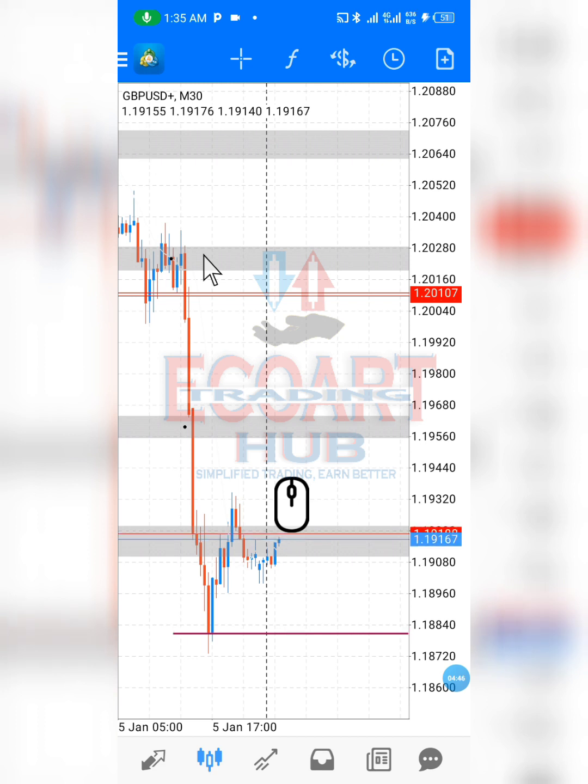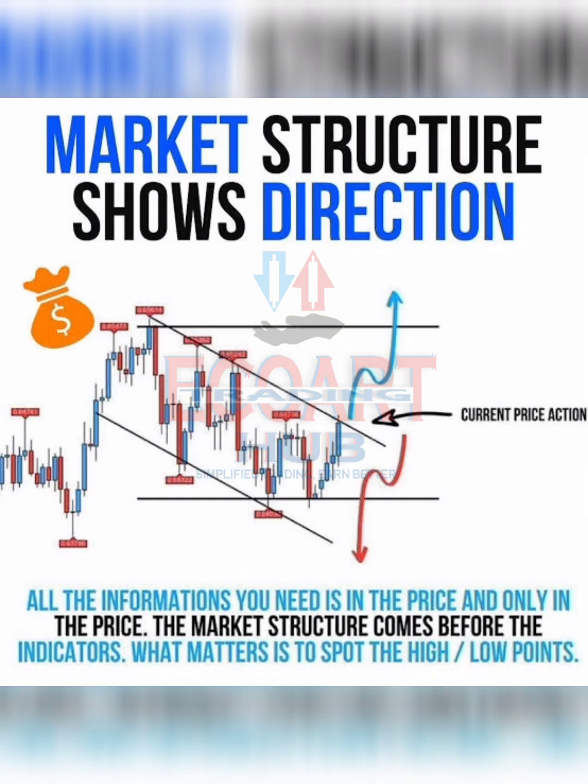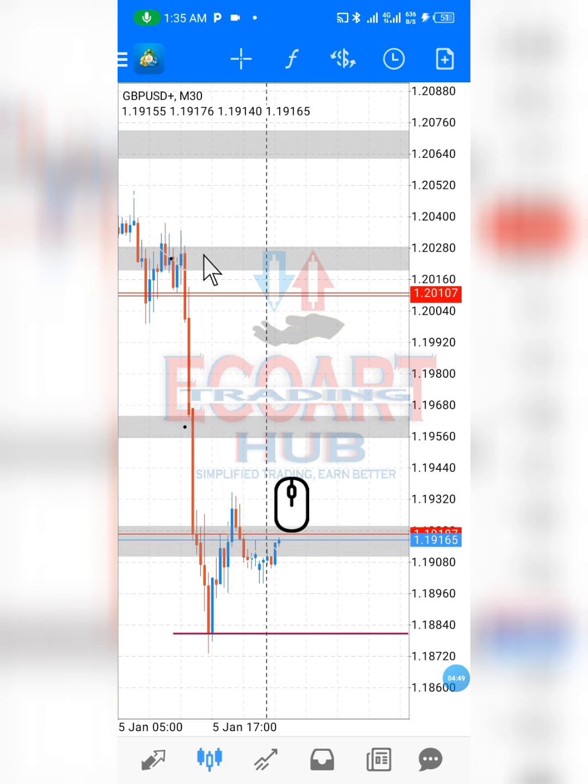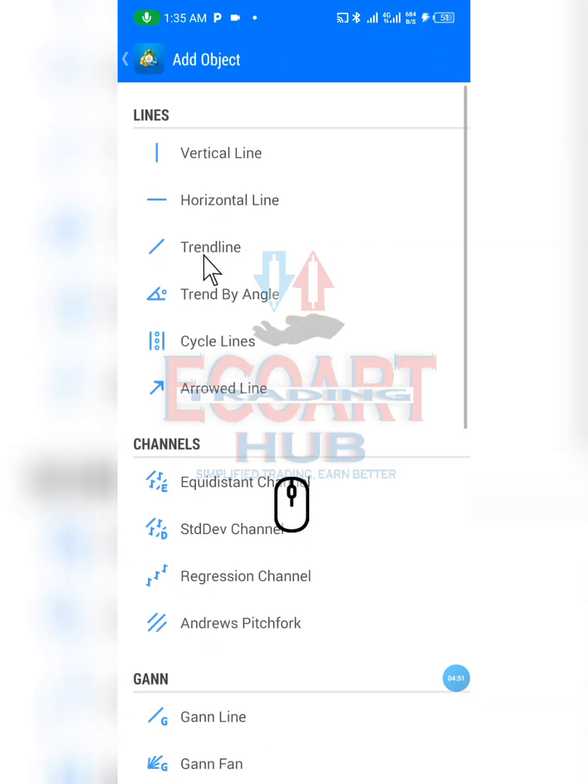So I have my trend line. The whole essence of market structure is direction. When you identify the highs and lows, you get the direction. And I could do the same here on the previous swing high.